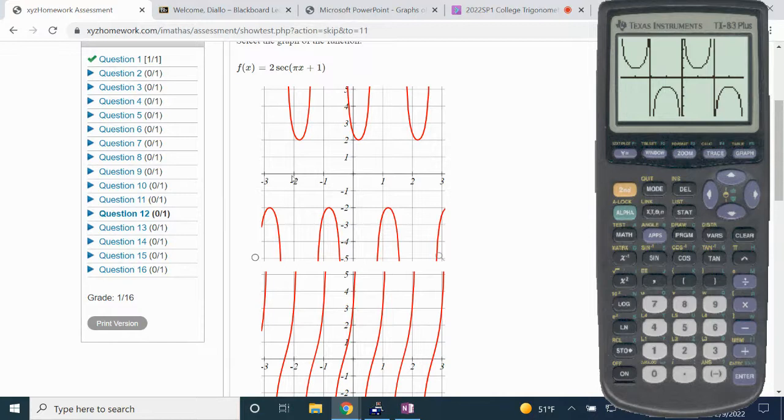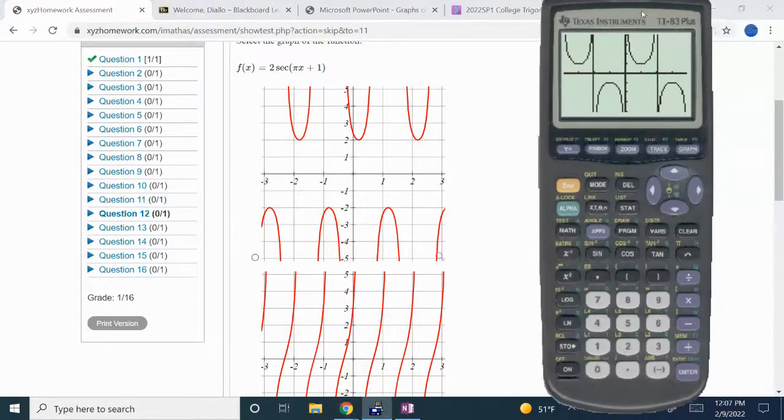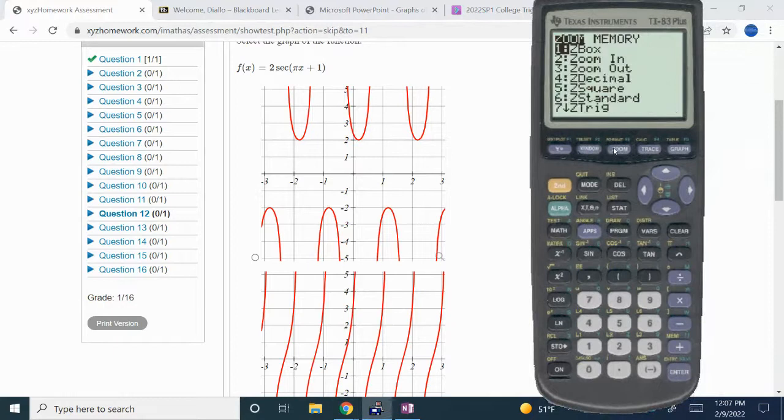First off, notice that both the x and the y-axis are in increments of 1, 2, 3, 4. So when we graph, we have a choice to graph standard, that's the -10 by +10 increments of 1. We can also use the trig scale, which gives us 0, pi over 2, pi, 3 pi over 2, and 2 pi.